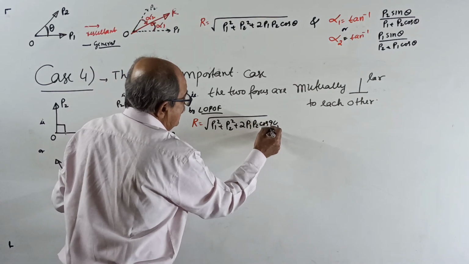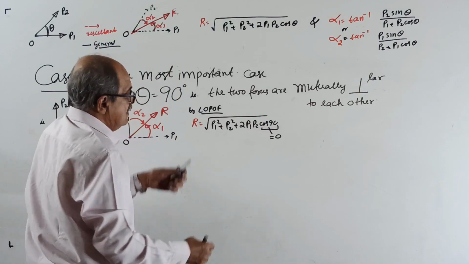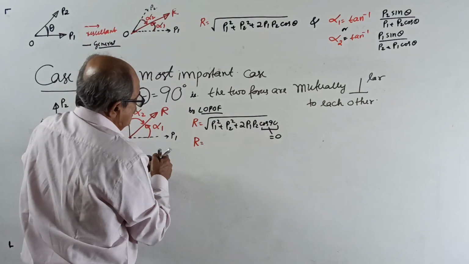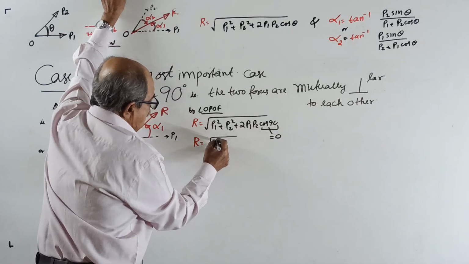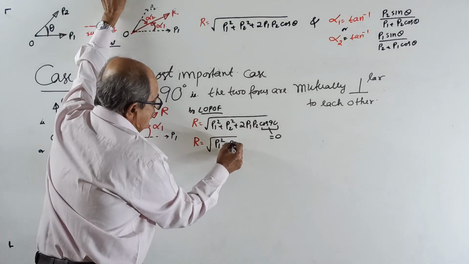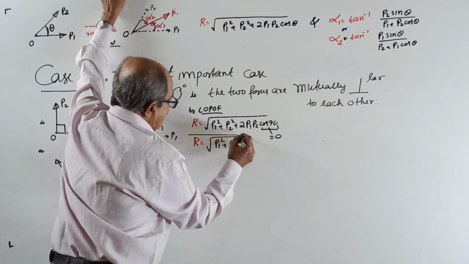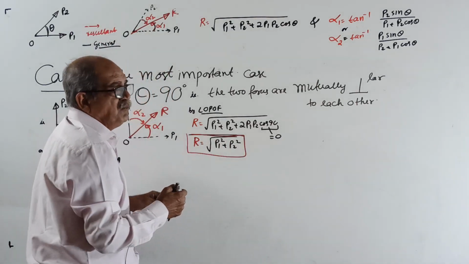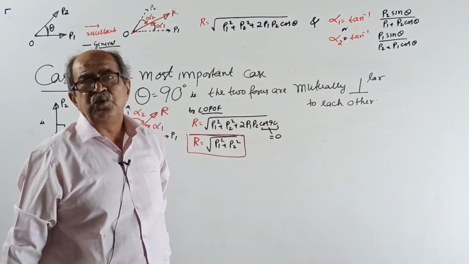All are knowing cos 90 equal to 0. Therefore, resultant R will become square root of P1 square plus P2 square. That's all. This is the expression for resultant: root of the sum of the squares of the two forces.